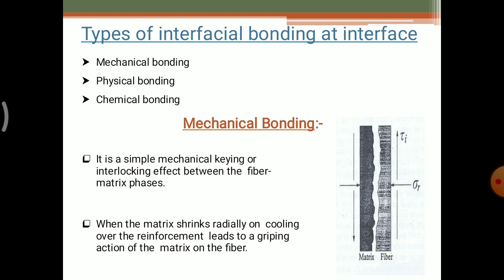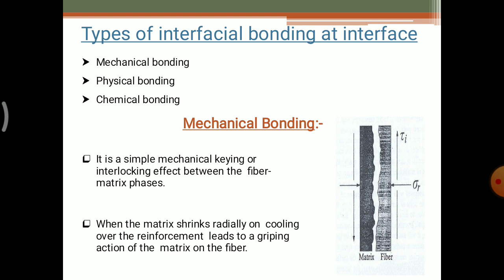Here fiber is used as the reinforcement, and the matrix is the core material. The gap between these is known as the interfacial bonding, and it is also known as the interface.